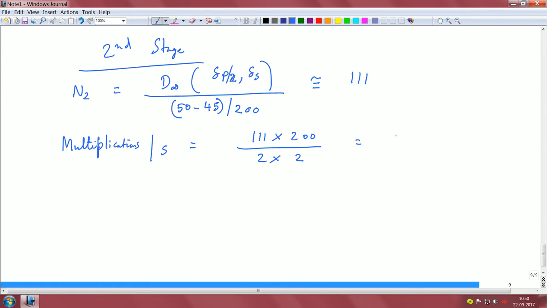So, this is, I will leave it as 11,000 divided by 2. This 2 factor appears all the time. I just mark this by red. If you are not comfortable, you do not have to use this factor. This is the number of multiplications per second.